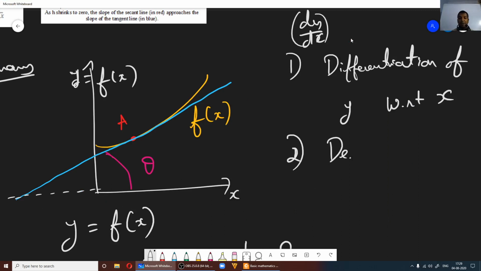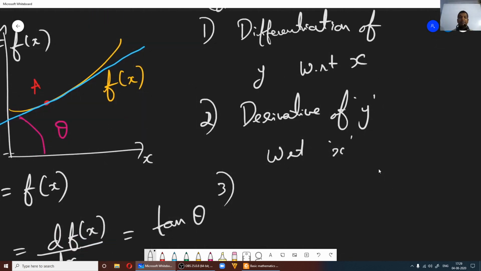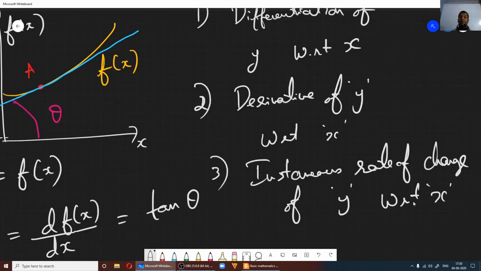Now the second one, we'll call it derivative of y with respect to x. Now the third one, I think you have noted this down already. Anyways, better to write down again. We'll also call it instantaneous rate of change of y with respect to x. Okay, instantaneous rate of change of y with respect to x.